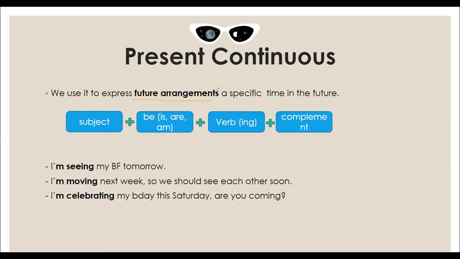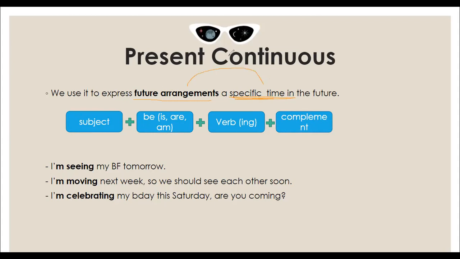An arrangement is something that you do officially with a secretary, or with online booking, or with an online reservation, or with a person. And it mentions a specific time in the future. So these two things are very important: an arrangement in the future.